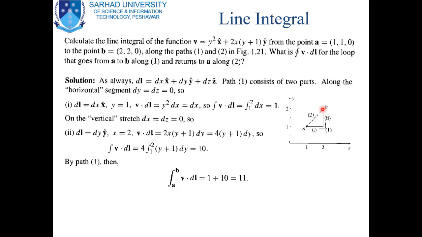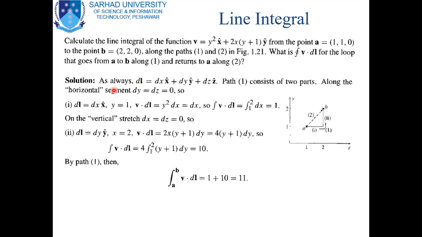So we need a differential length in the xyz coordinates, or the Cartesian coordinates. The differential length dl is equal to dx x cap plus dy y cap plus dz z cap. And if we choose path 1, which can be further divided into two paths, one is the horizontal path and the next one is the vertical path.